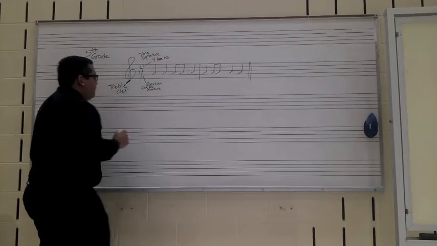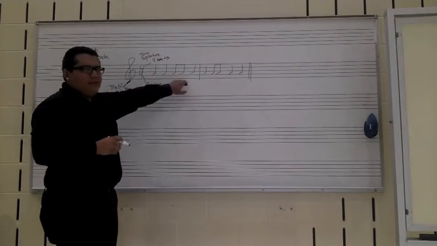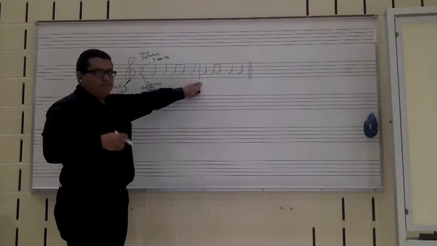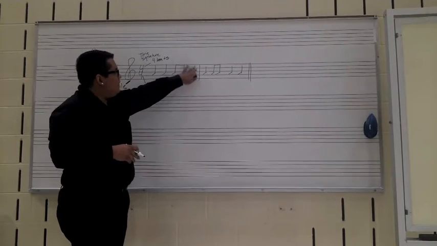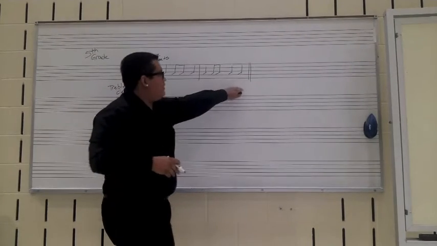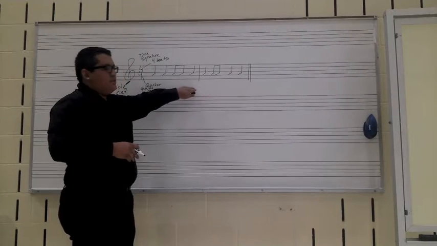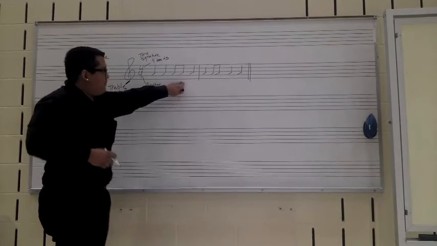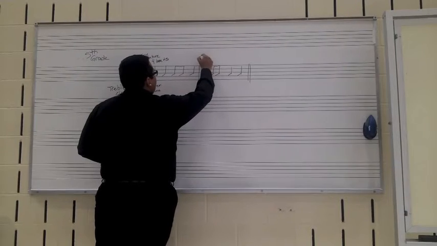Now, as you can see here, you see some notations that I have written down for you, which you didn't see in the previous notation exercise. This line and the following 2 lines. This line is a bar line, and it's telling us that it is the end of a measure.